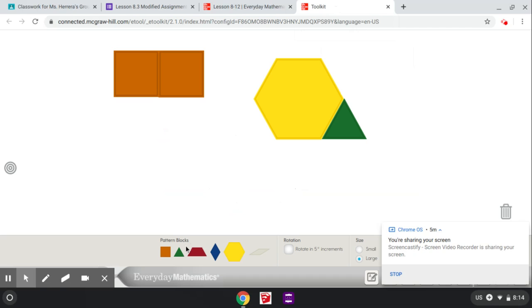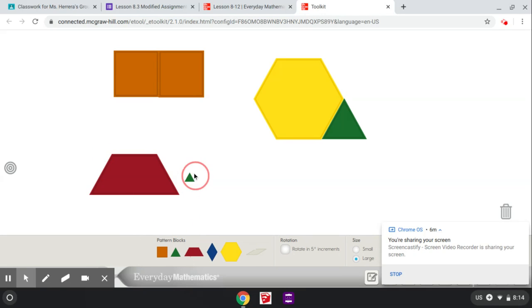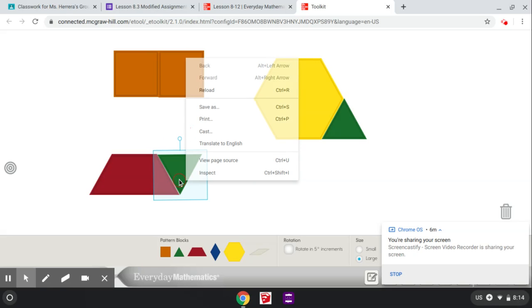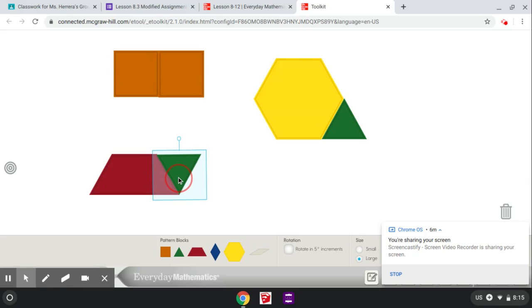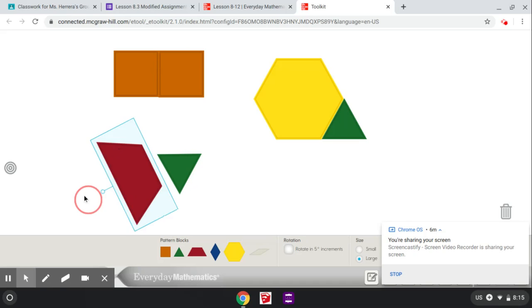So let's see what that looks like. Here's the trapezoid and the triangle. I just have to turn my triangle all the way around to kind of put the angles together. Right there. Something like that, guys, okay? Okay, so, oh, it's upside down. Sorry, guys.